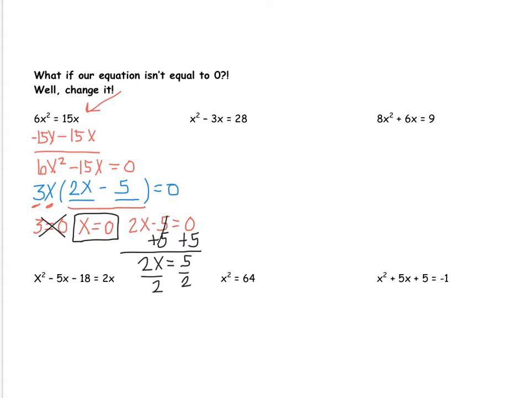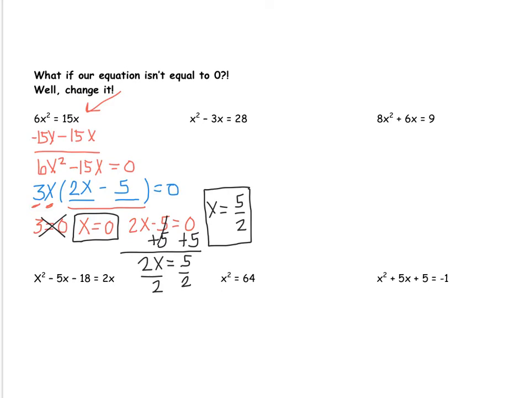So my answer will be x equals 5 over 2. That will be my second answer. So I'm done with that problem. I'm going to skip that second problem since I used most of the room there, and I'm going to go on to the 8x squared plus 6x equals 9.